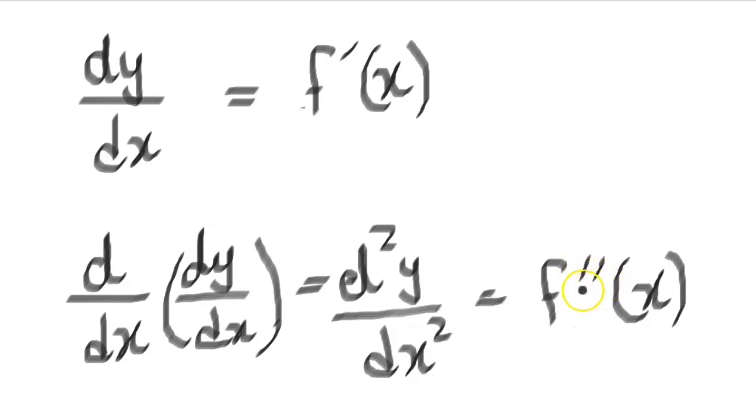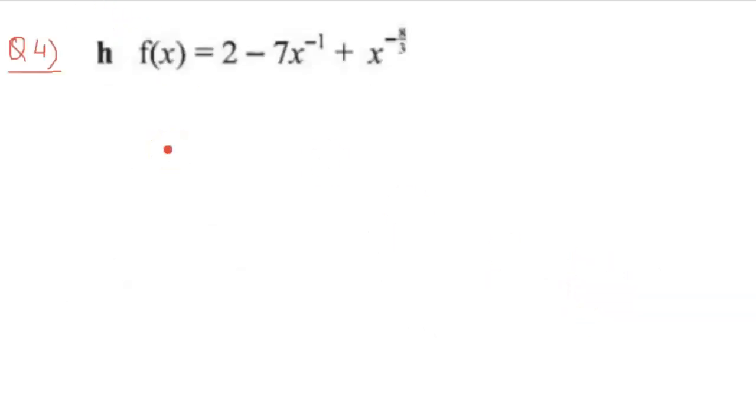Another dash. Now question 4 is to find f dash x. We need to find f dash x here, which is the differentiation of that one. So I'm just going to differentiate both sides with respect to x.